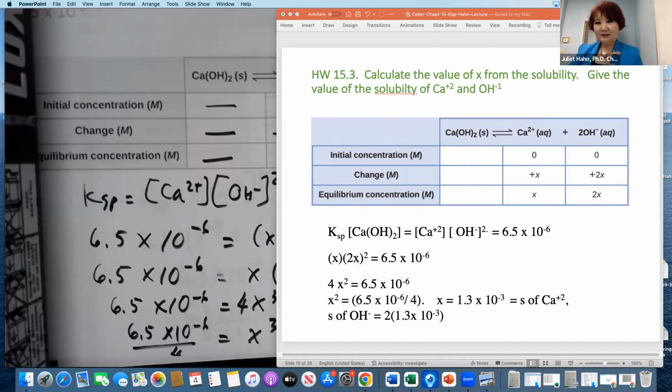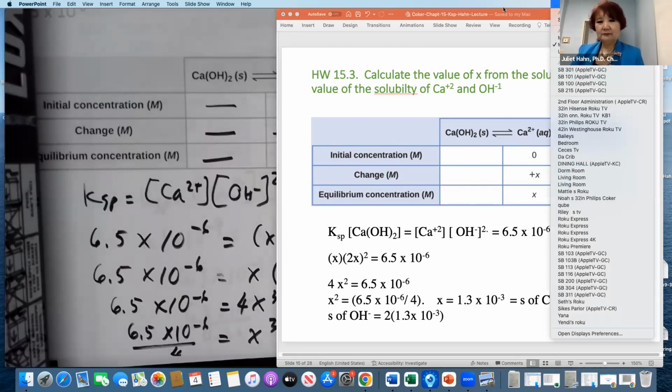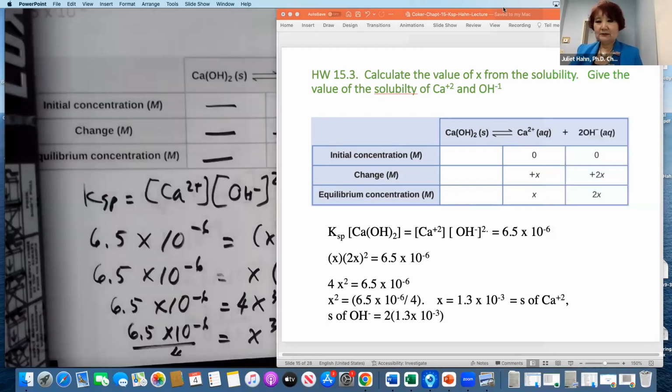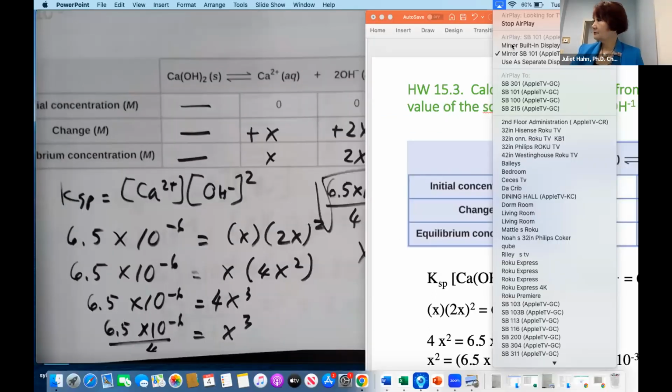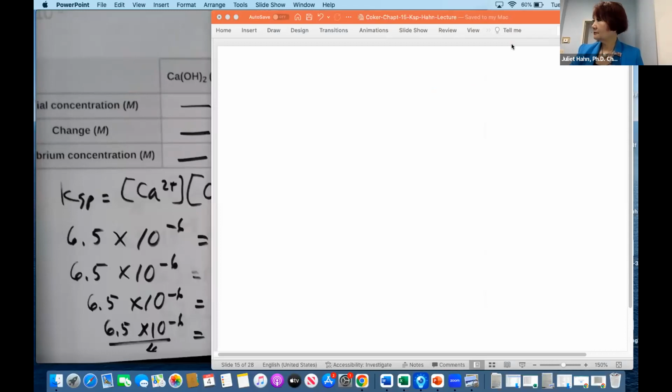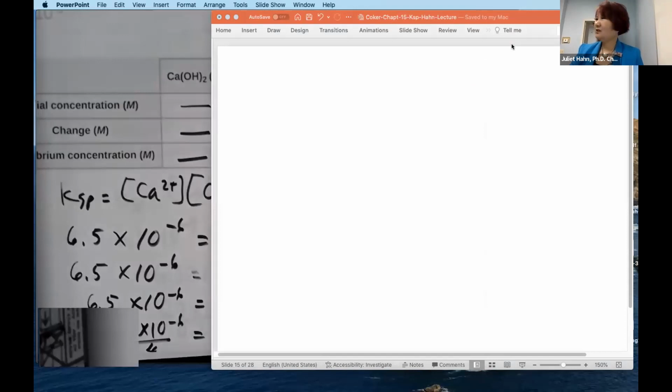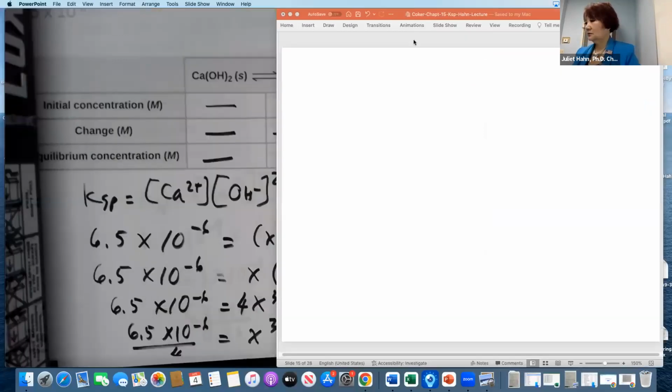Blank screen. Let me see if I can stop airplane mode. Oh, that's surprising. It popped up and didn't show up on my screen. All right, so what happened to my PowerPoint?